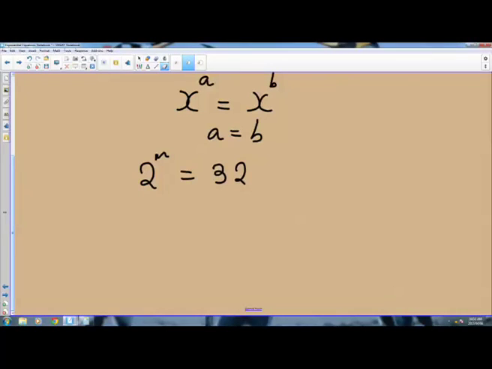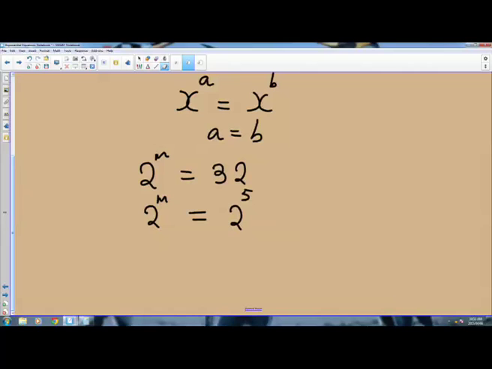So 2 to the power m equals 2 to the power 5. You can check: 2 times 2 is 4, times 2 is 8, times 2 is 16, and 16 times 2 is 32. So we can write 32 using base 2, and we get 2 to the power 5.